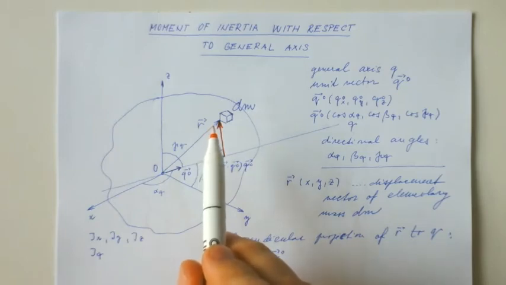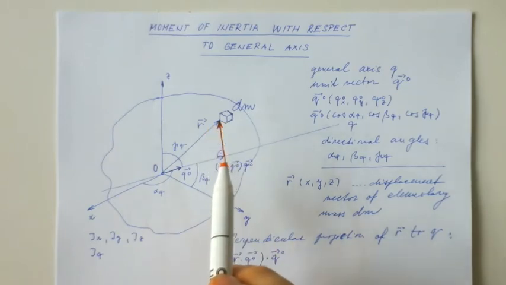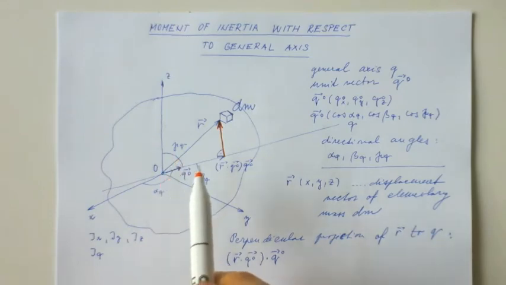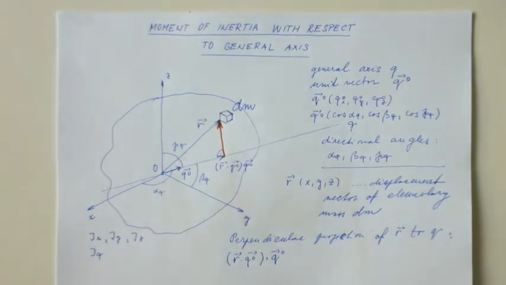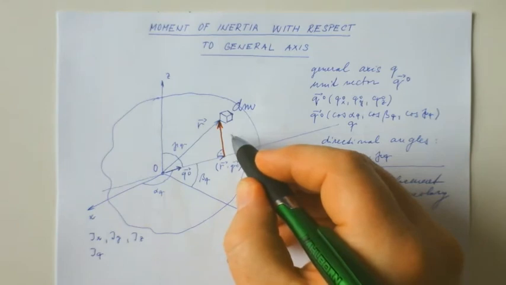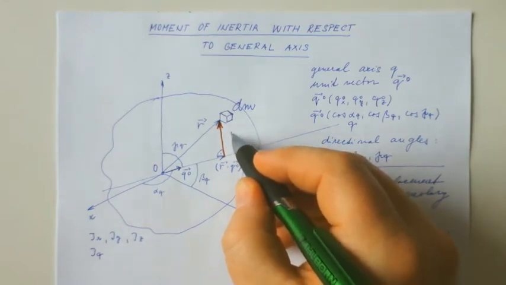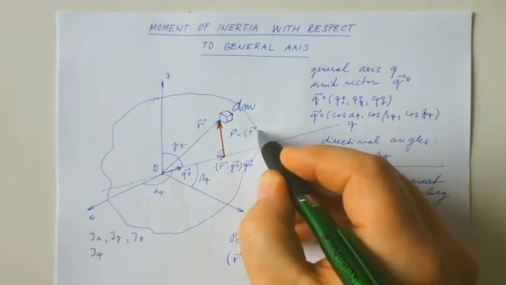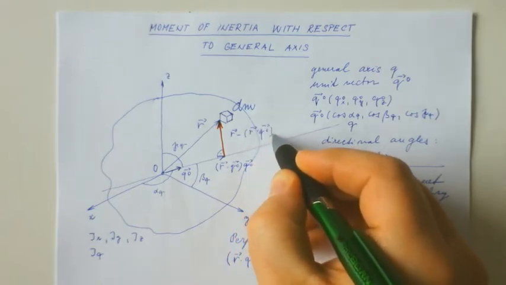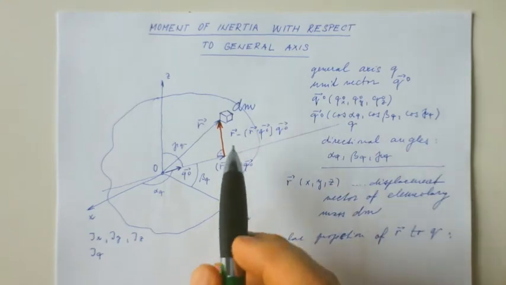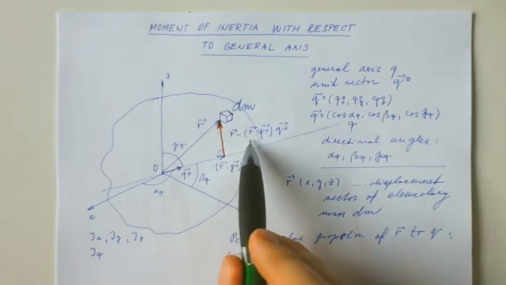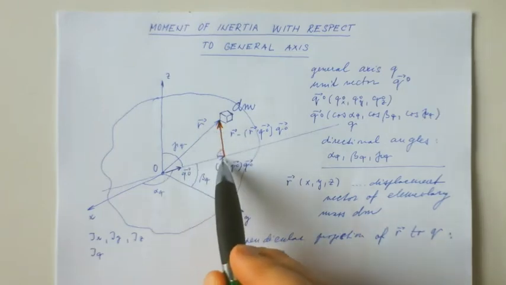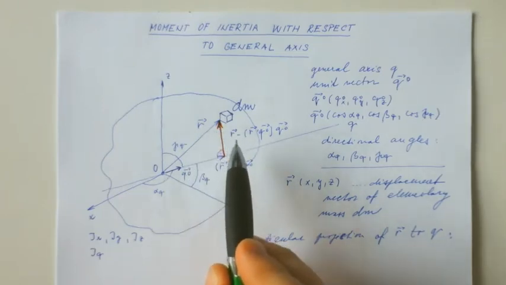So we can say that this red vector is r minus (r dot q0) q0. This minus this.